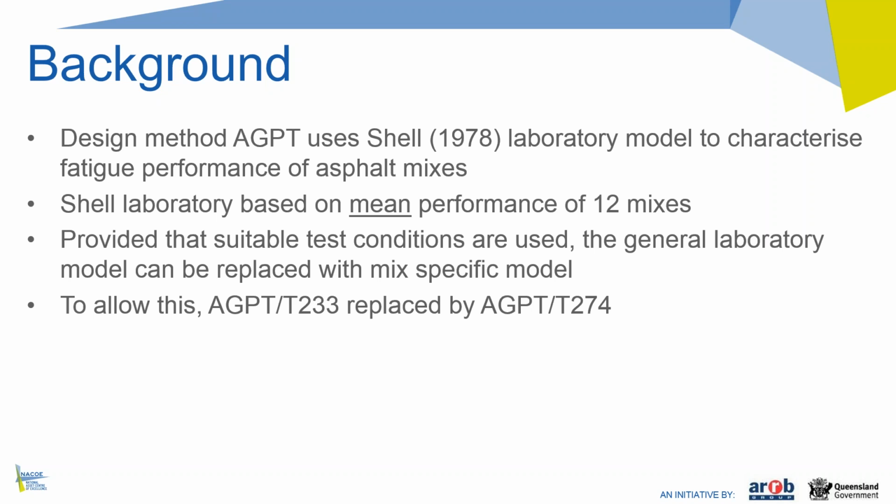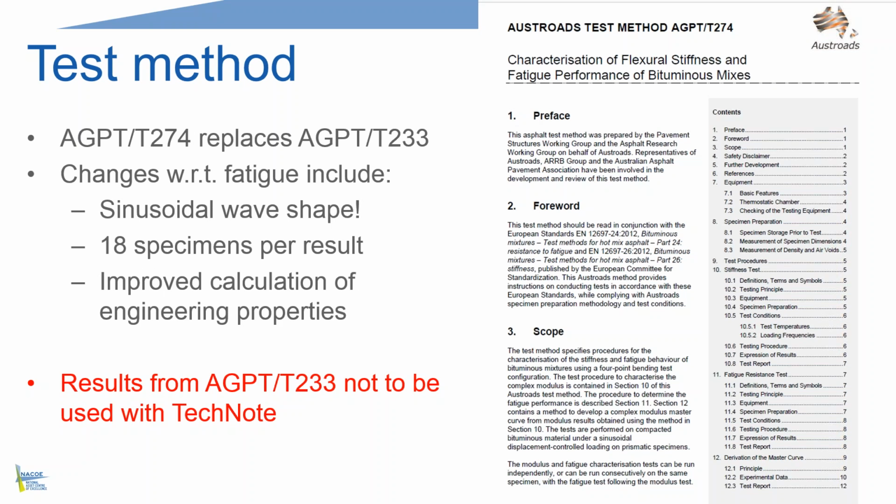But since Shell is a European design method, T274 is actually a European test method, based on a European test method. And the difference between the two is that we'll be using a sinusoidal wave shape, and as I alluded to earlier, that is because the Haversine load signal actually results in a sinusoidal load signal within the first couple of load repetitions of half the intended Haversine strain amplitude.